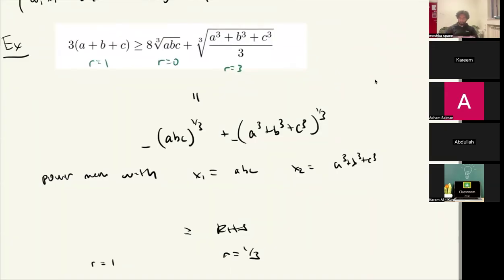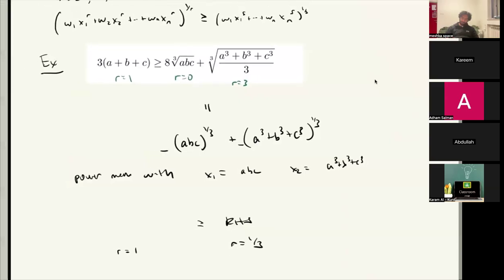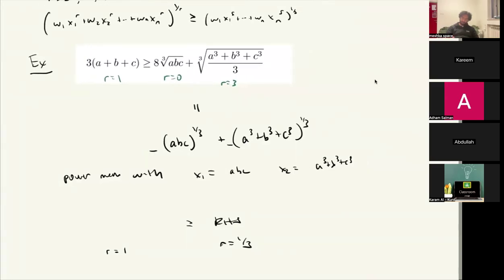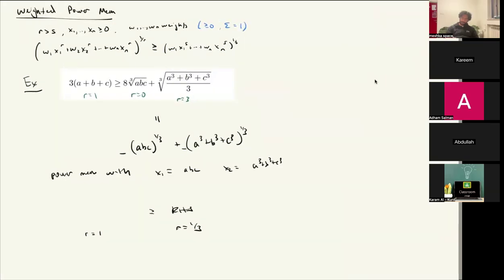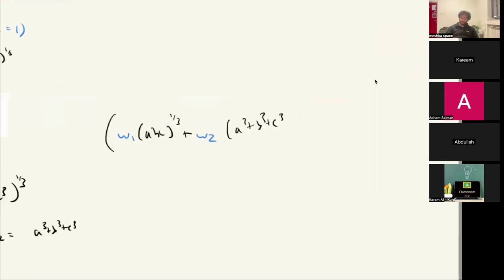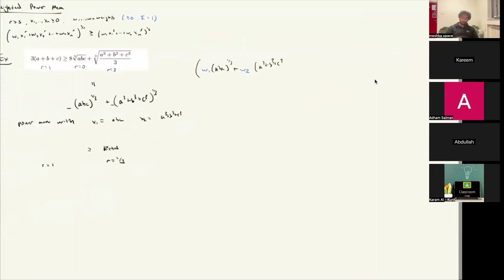So let's write it out. We'll have some constant times ABC to the 1/3 plus some other constant times A cubed plus B cubed plus C cubed to the 1/3. Okay, sorry, need some more space.